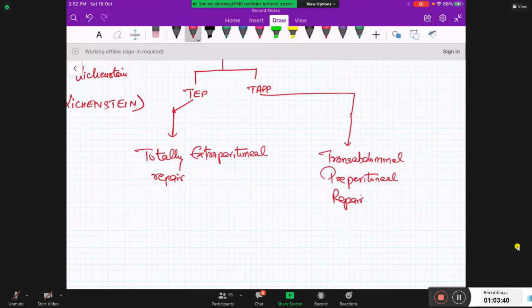But what you need to know here is that in both TEP and TAP repairs, we usually do the same thing. There is only one difference which we need to know.